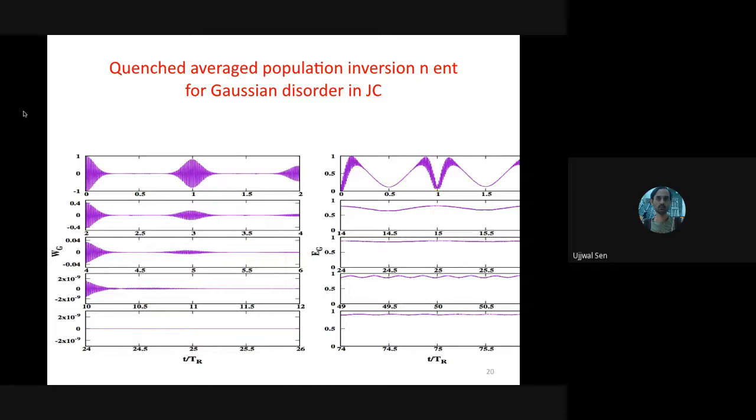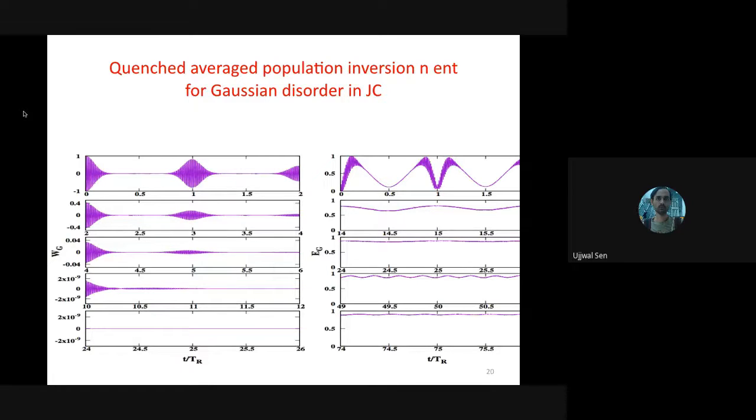What has happened is that the value of the magnetization has become very, very small as we go to larger and larger times. At time equal to 24, there is almost nothing left. So the quenched averaged population inversion, the quenched average magnetization, has been squeezed to almost zero by insertion of the disorder. There is almost no collapse and revival feature left in the system if you insert some disorder into the system.